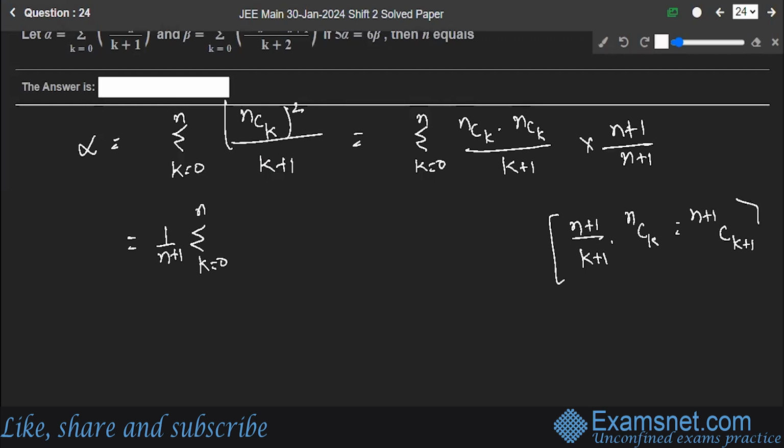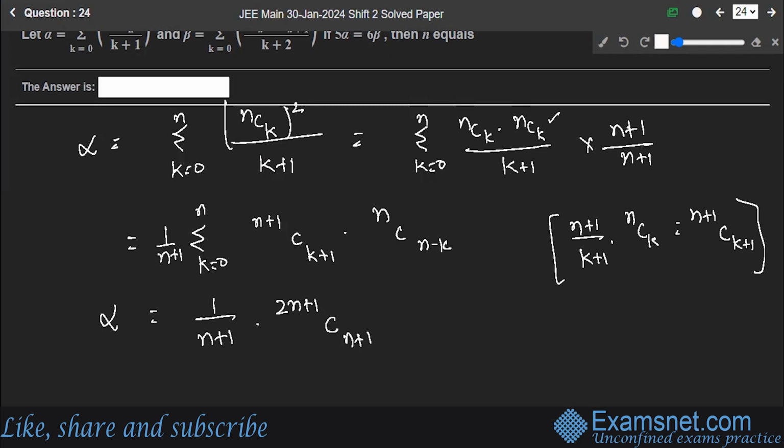So I can write it like this: n plus 1 c k plus 1 multiply nc n minus k. You know, nck is also equal to nc n minus k, right? So your alpha becomes equal to 1 upon n plus 1 into 2n plus 1 c n plus 1, right? If I'm combining both of them. Hope you got this. Now this becomes your alpha.